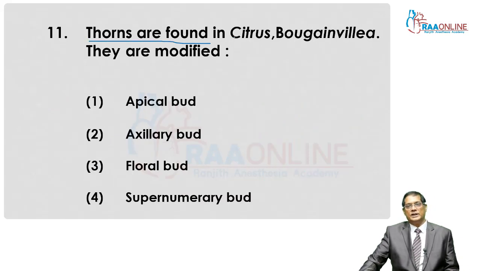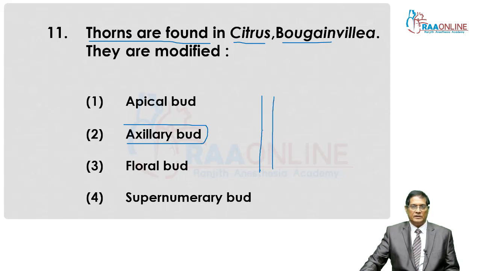Thorns found in citrus and bougainvillea are modified axillary bud. This is the main stem, and this is the nodal region.